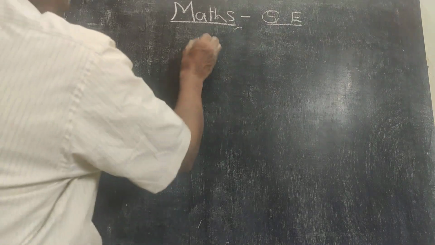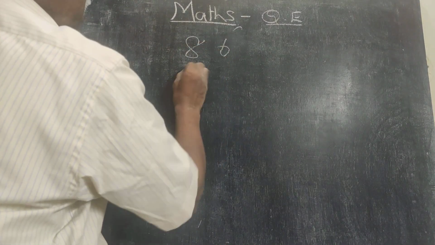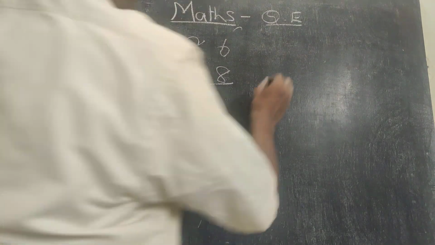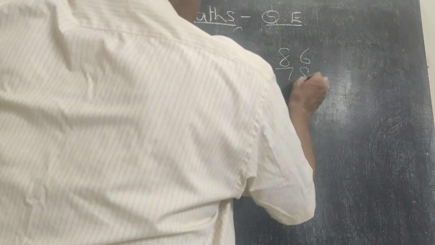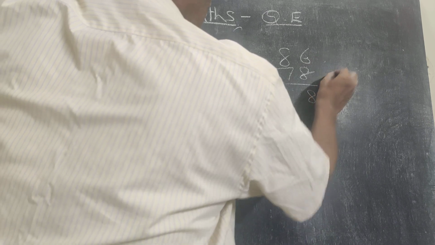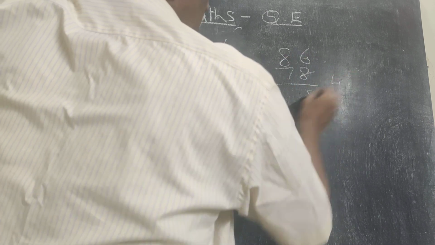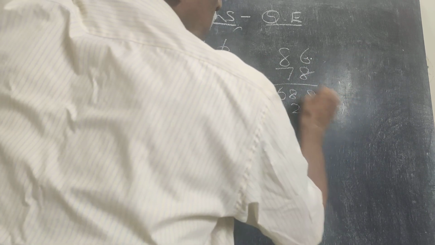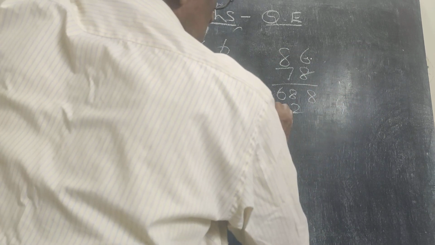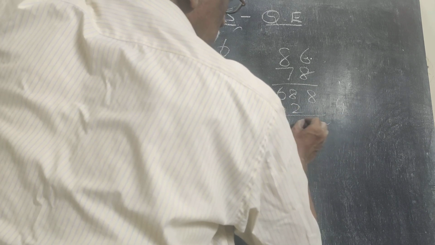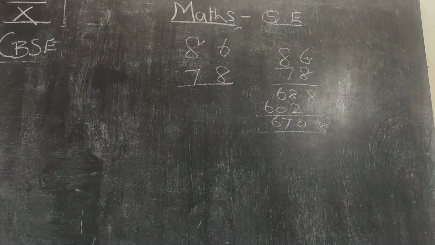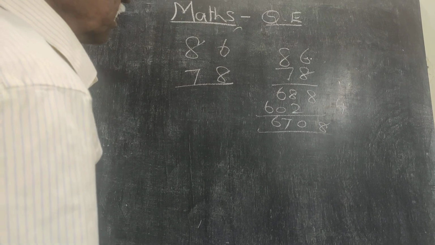For example, if I have to multiply 86 and 78, what will you do normally? 8 6s are 48, 8 8s are 64 plus 4, 7 6s are 42, 7 8s are 56 plus 4. Like this you will do, isn't it? Now, instead of doing this, please watch how I am doing it.